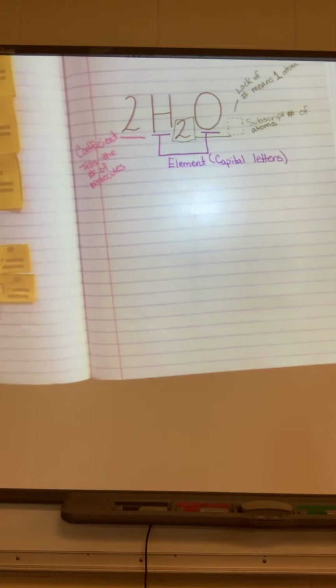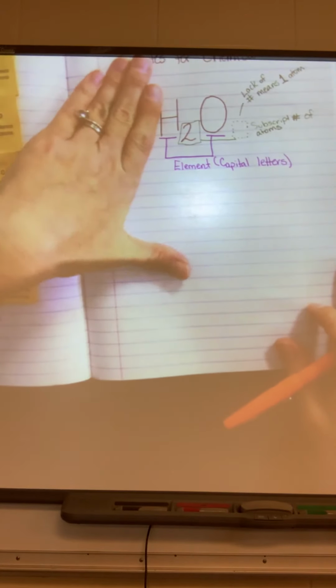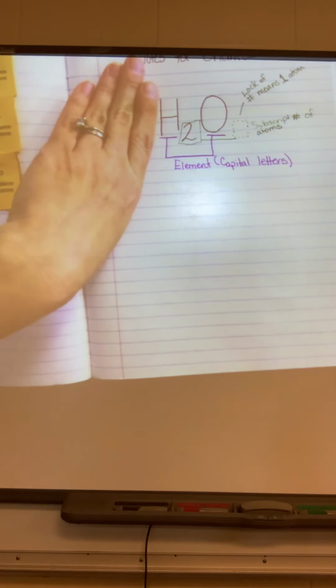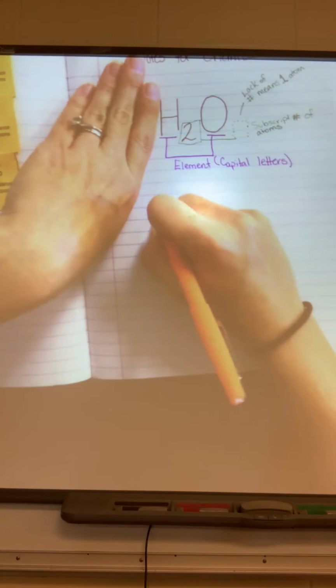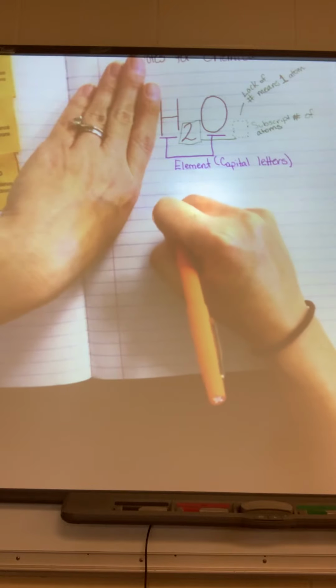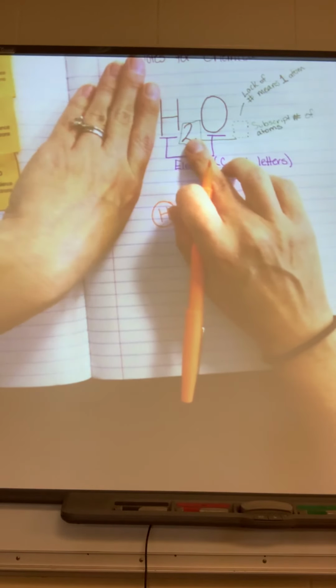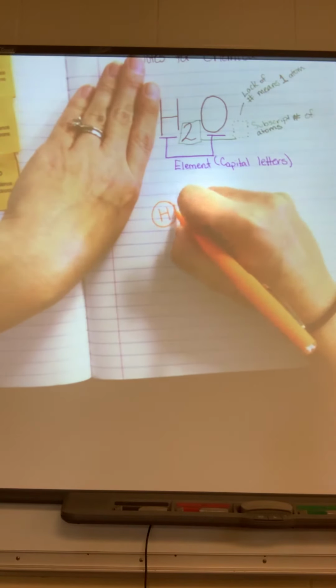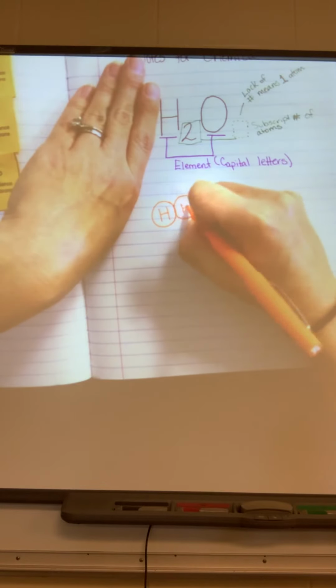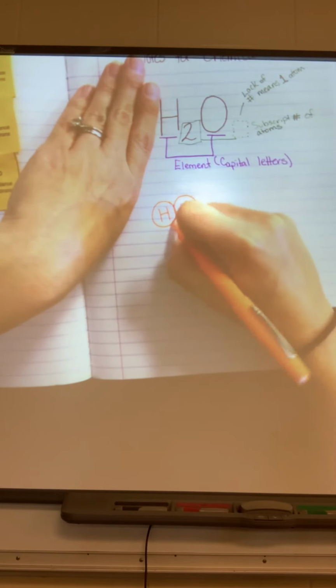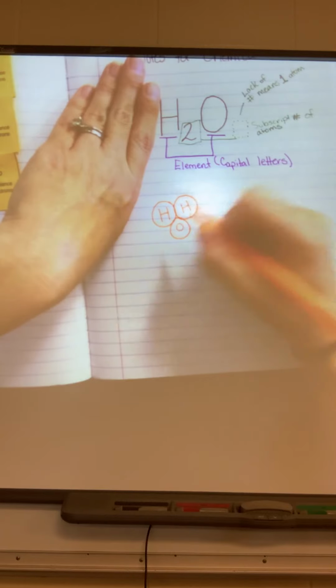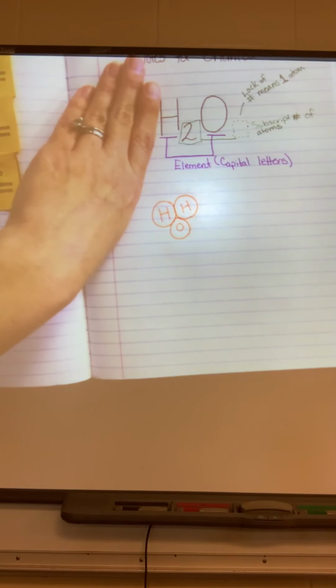So if I was to draw this molecule, what I tell my kids is we cover up any number out front. Or if there isn't one, just don't worry, cover it up too. When I draw it, I have H, two of them, O. There we go.